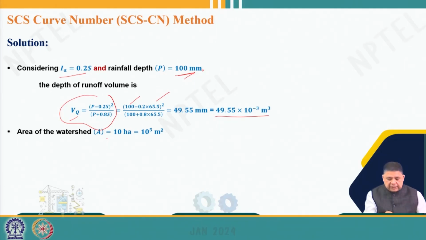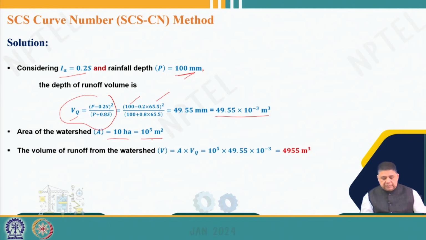The area of the watershed is 10 hectares, that is 10 to the power 5 square meters. So the volume of runoff from the watershed, V equals A times VQ, which is in depth units. Because we have to give the answer in cubic meters, the volume of runoff from the watershed in volumetric units is 4955 cubic meters.